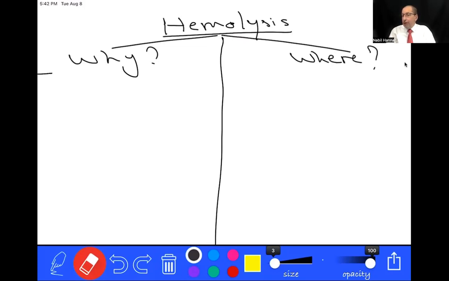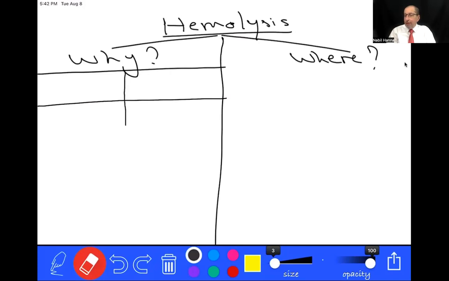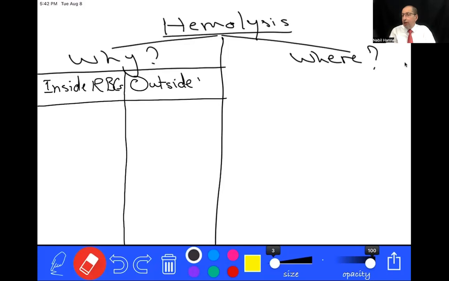So to answer the question, why hemolysis occurs, hemolysis occurs either because of a problem inside the red blood cells, or because there is a problem outside red blood cells. As simple as that.